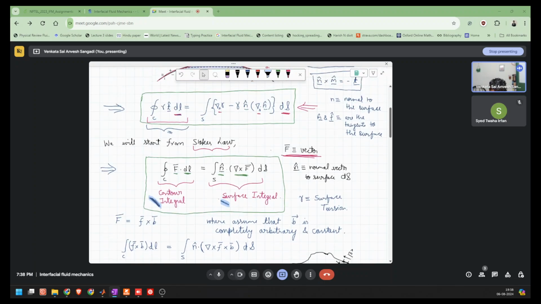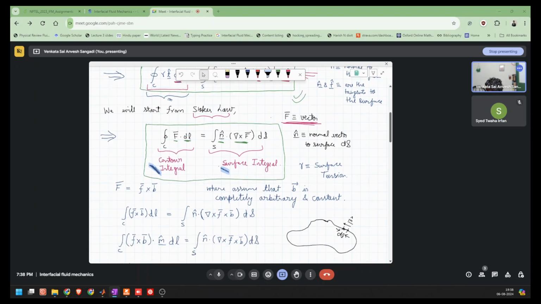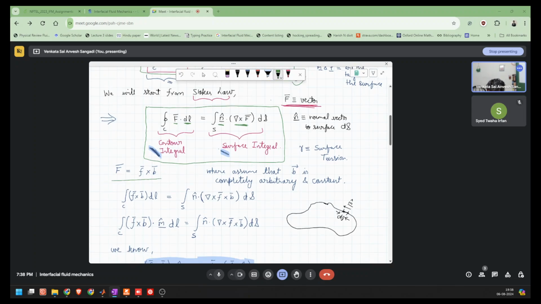So for deriving this particular form, we start from here, where we see capital F, where we assume that capital F is a cross product between two vectors, small f cross b, where the speciality of b is that it is arbitrary and constant.